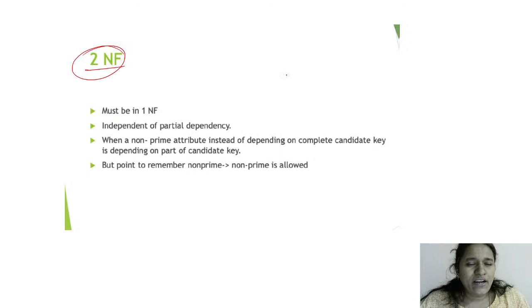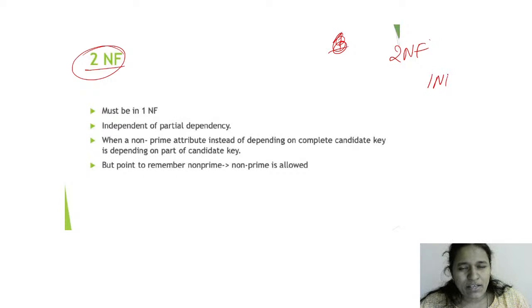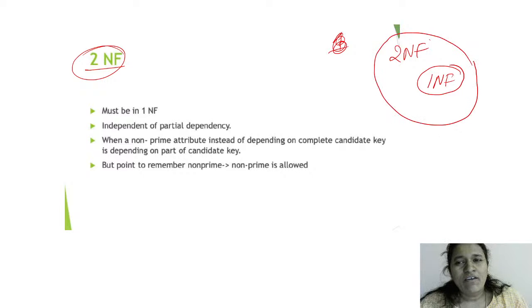If a relation is in second normal form, it is compulsorily in 1NF, because 1NF is there inside, right?